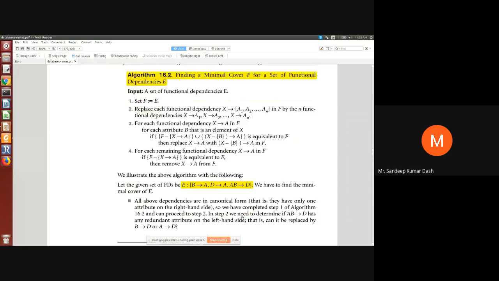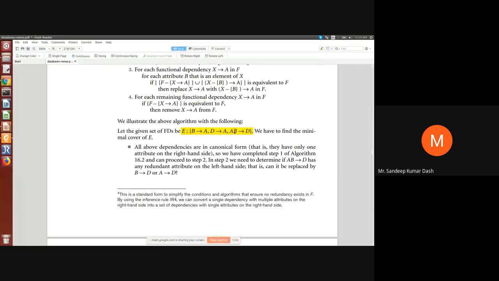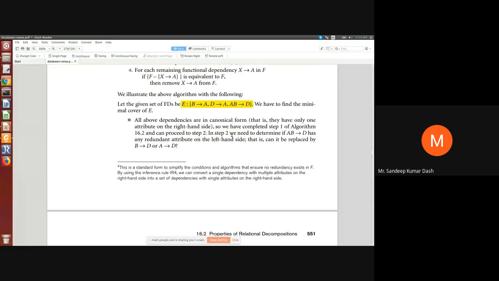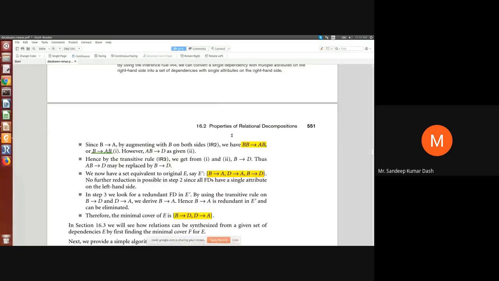Then the second step is to check the left side. If there are two or more attributes, you have to check which of them are redundant. Then the third one is removing the functional dependency which is redundant. That means which is not required.